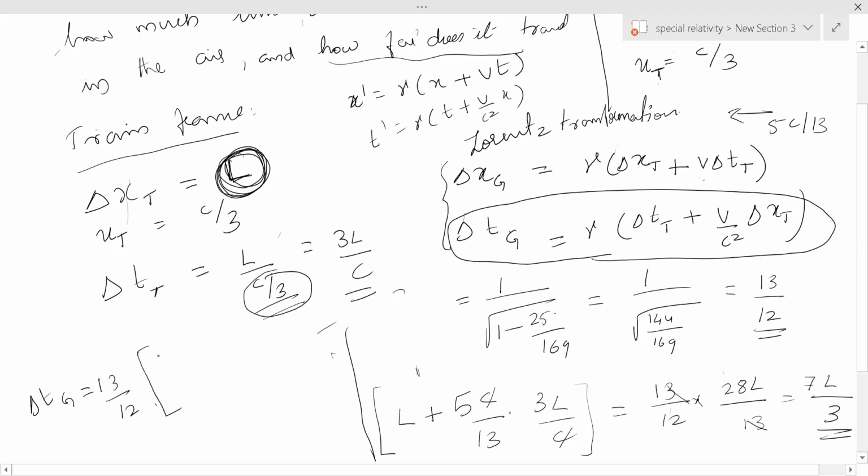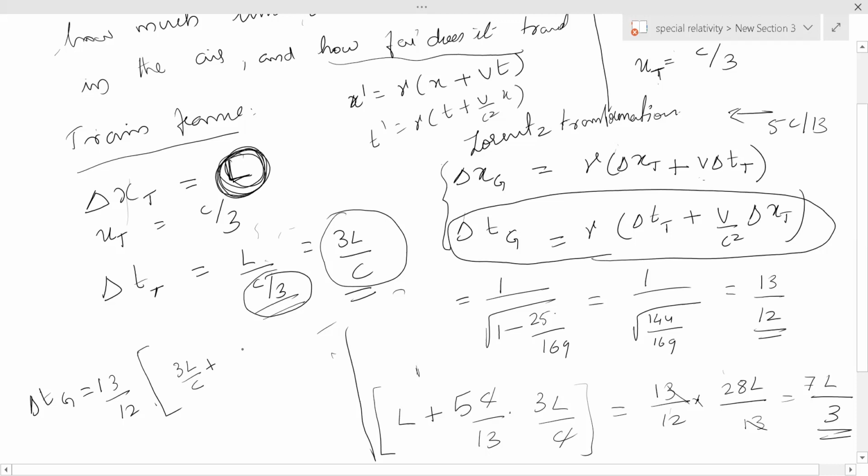Delta t on train that we have got here. It's 3L by C, multiplied by V by C square. So it's plus V by C square.